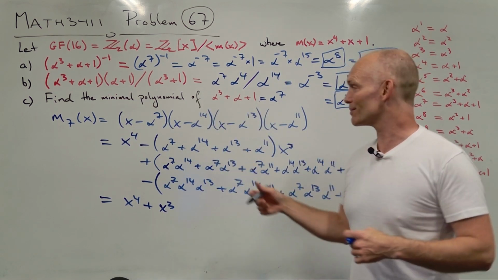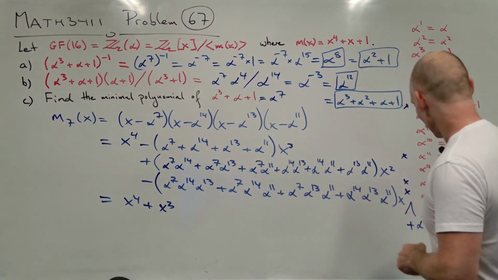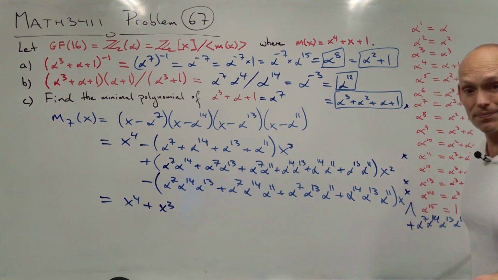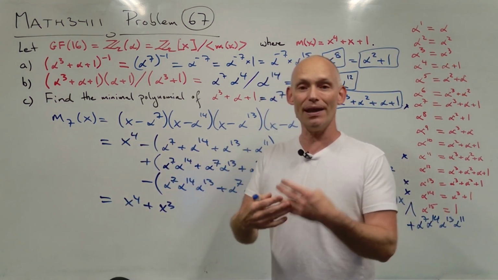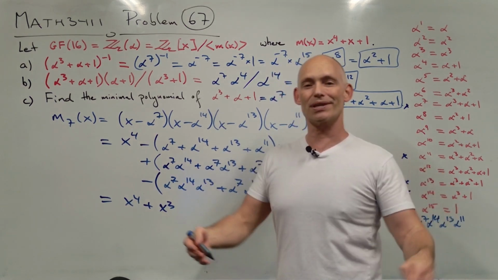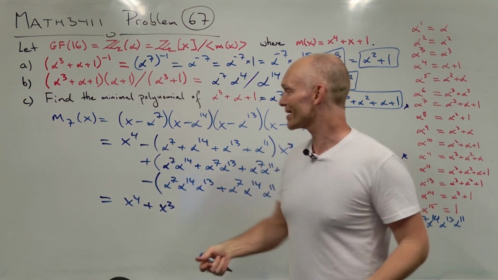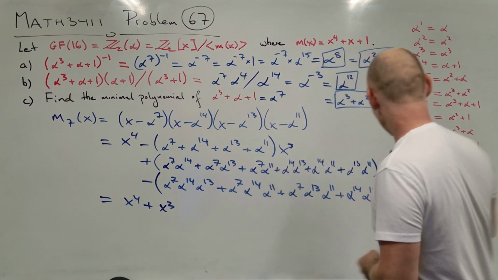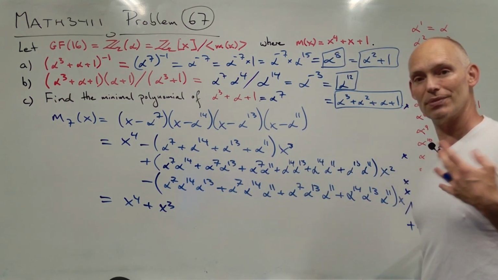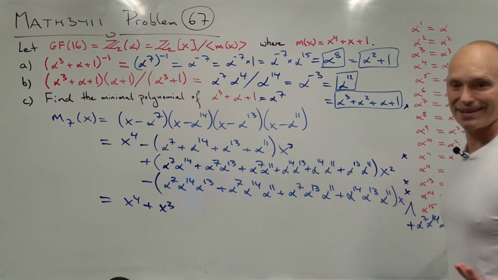That's how we measure big and small, that has this as a root. So in particular, we can't have that the very last term, the constant term, is 0, because then this polynomial would be divisible by x. We could just divide the whole polynomial by x to get a smaller polynomial, which would still have alpha to the power of 7 as a term. So we know that the constant term there can't be 0. We're dealing with binary coefficients, so this term here is 1.